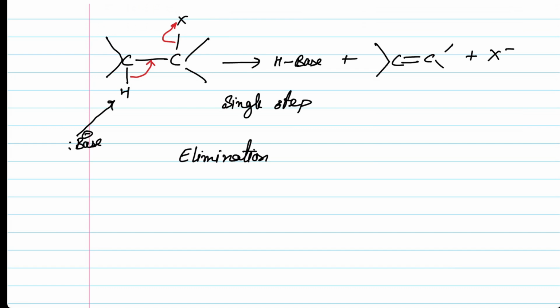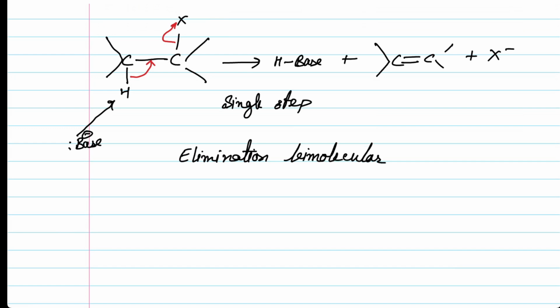Now please remember, any independent species, that is a species which can exist by itself under the given set of conditions, is termed a molecule. So here in this particular reaction we have two molecules. One molecule is of alkyl halide while the other molecule is of the base. So this particular reaction is elimination bimolecular.